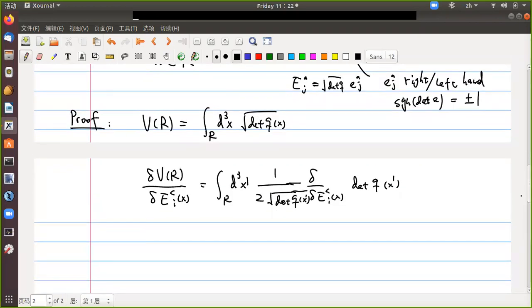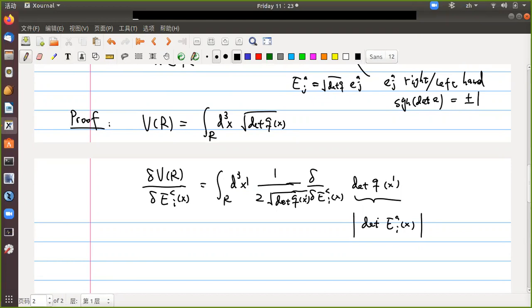Okay, and we know that determinant Q is just the determinant E, the determinant of E^A_I, but you have to put an absolute value, because determinant Q is always positive, but determinant E can be negative if you have a left-hand frame, right?